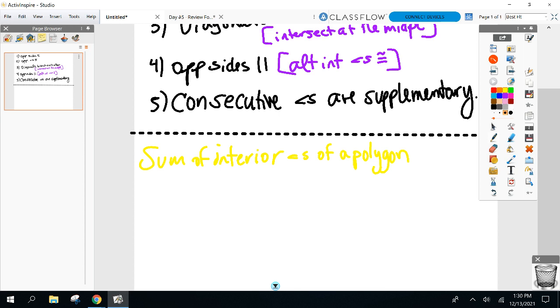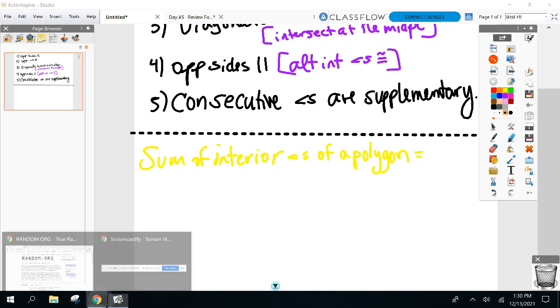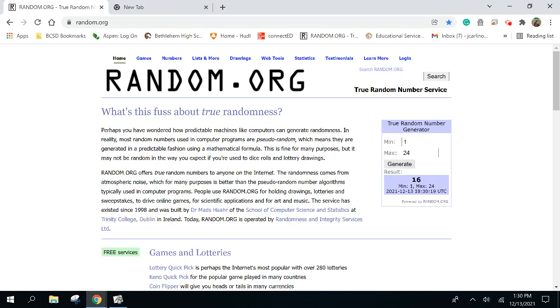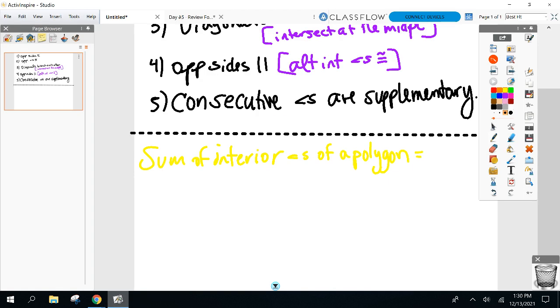Sum of the interior angles of a polygon. What's the formula? Good. N minus 2, number of sides.